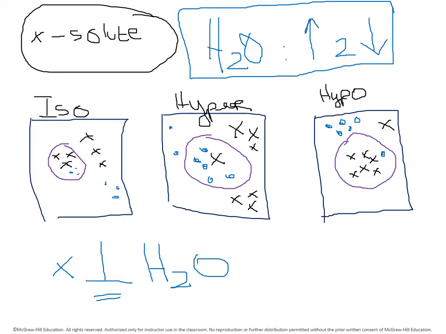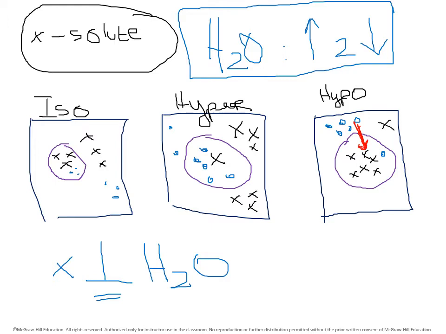So that means, starting out again in my hypotonic solution, I have low solutes on the outside, high water on the outside. I have high solutes on the inside, low water on the inside. So that means that water is going to go from high to low, which means that the water is going to go into the cell because it's moving from high to low.